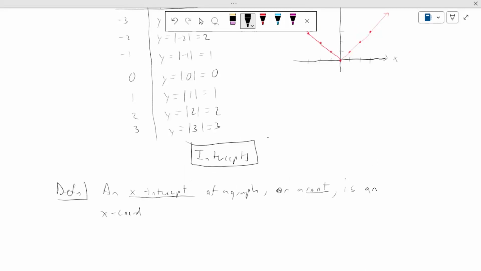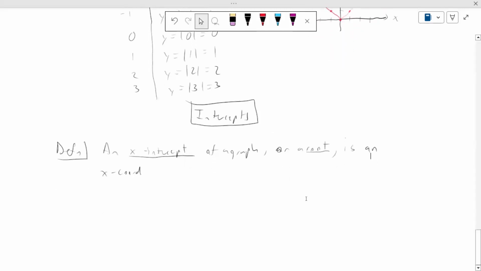An x-intercept is an x-coordinate of a point where the graph intersects the x-axis. That's why it's called an x-intercept. It's intercepting the x-axis, right?